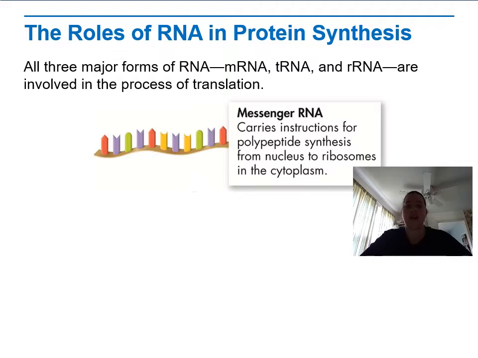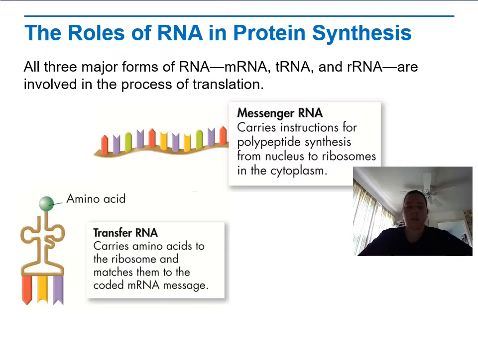So the messenger RNA is mRNA. That's the messenger. It gets made in the nucleus, takes the message from the DNA, and carries it out into the cytoplasm. The tRNA, or transfer RNA, is the one that actually carries the amino acid. It uses the code to tell it which amino acid it needs to bring, and they match up kind of like a puzzle piece, so it puts the correct amino acid there.